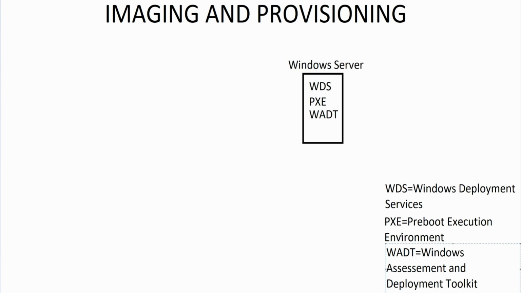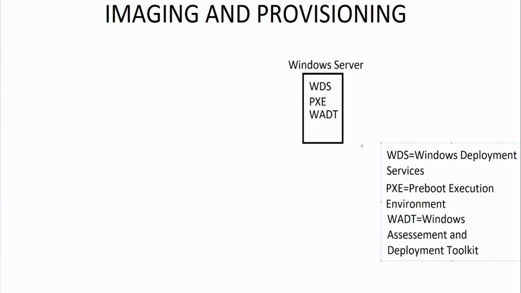Again, it's just a free series of tools you can download and install on a machine. You can actually install that on client machines as well, but in this case, we put it on a server. It's going to give me a series of tools like DISM, Deployment Imaging Servicing Management. I'm going to have access to Windows PE, the Windows pre-installation environment. You can download and have that with it.